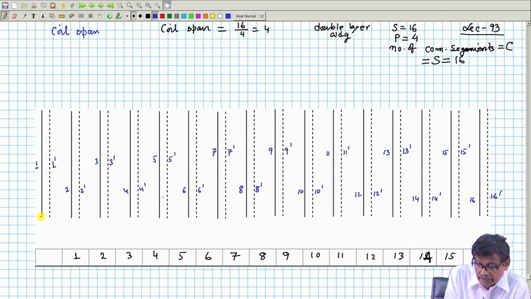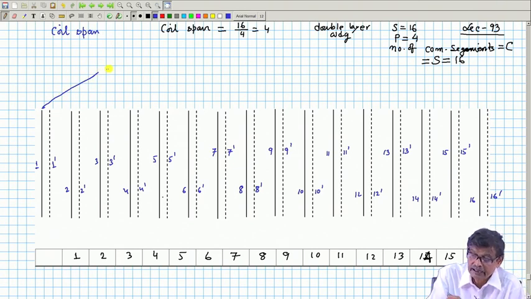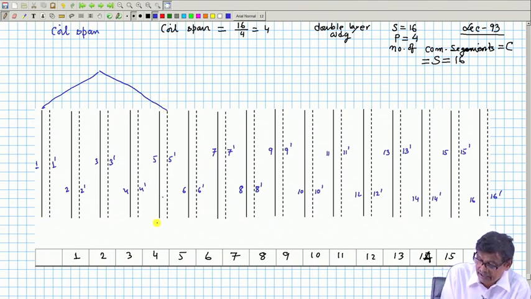So the first coil has this coil side 1 on the upper deck of slot number 1, and its return is on slot number 5, that is 5 dashed. If you now complete this coil, it will go like this to 5 dashed and come here.